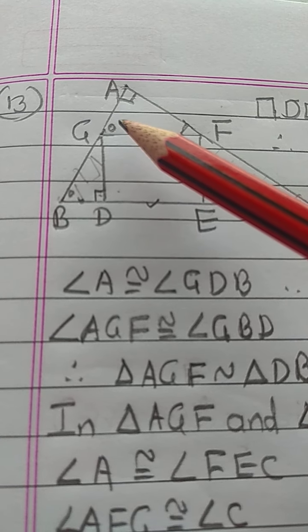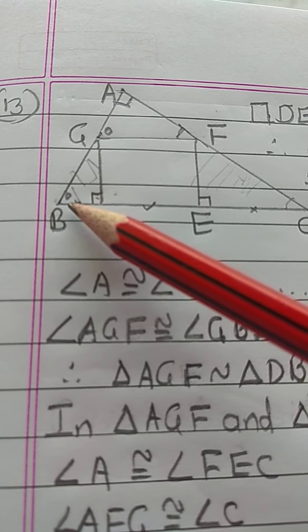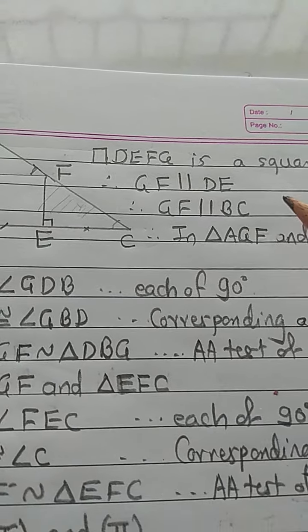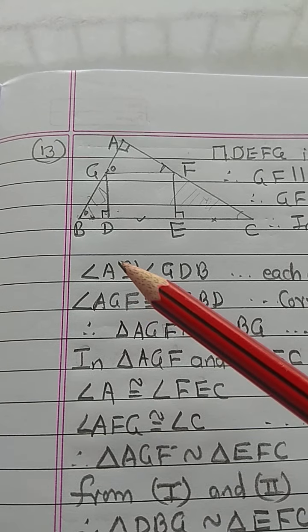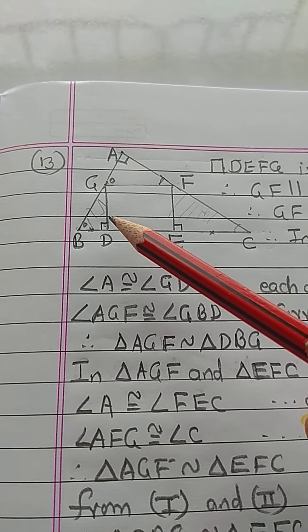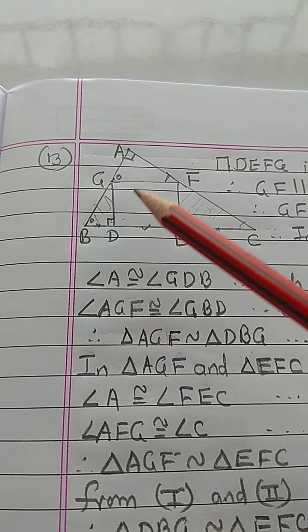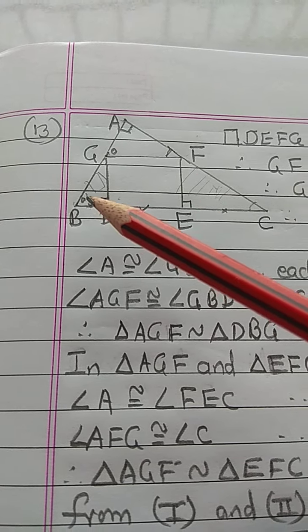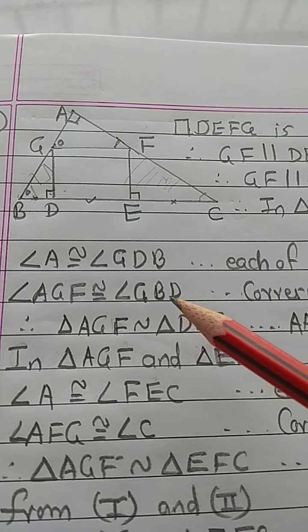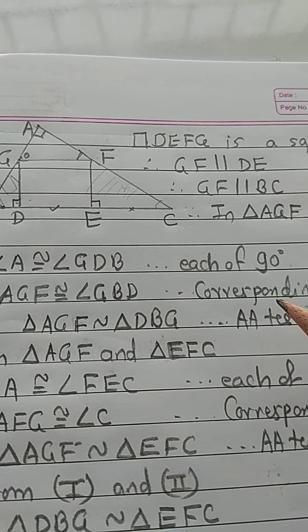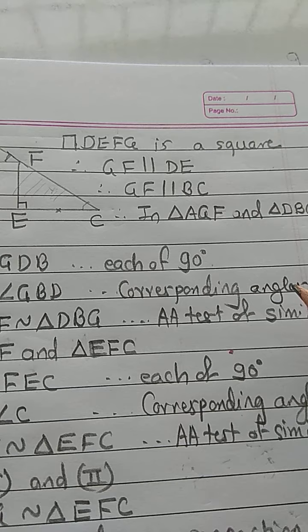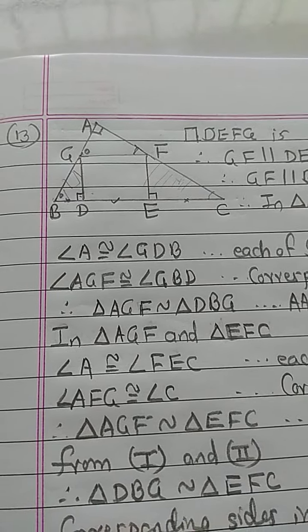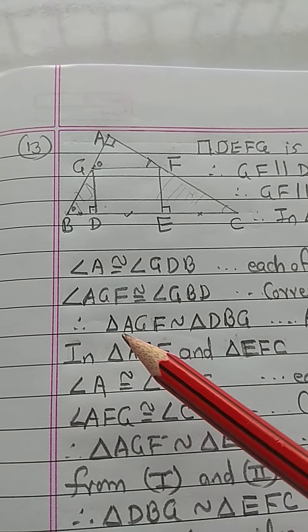Now this angle AGF is congruent to angle B. See here, angle A is congruent to angle GDB because they are 90, and this angle AGF is congruent with angle GBD because they are corresponding angles. Therefore these two triangles are similar.